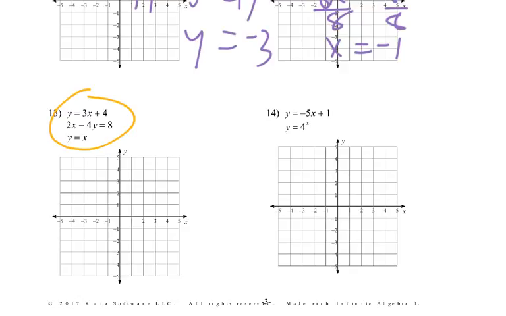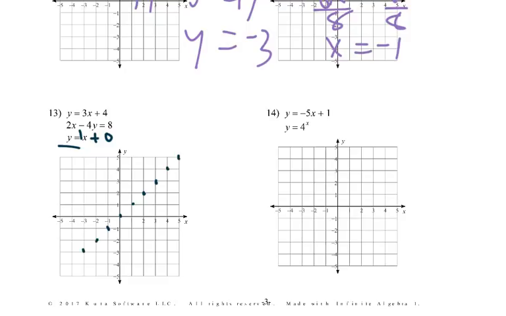There could be still no solution or many solutions if they're all the same. 14 is an exponential and a linear, so the same rules don't always apply. So 13, if I'm dealing with 3, I'm going to probably graph them. Okay, so y equals x, so plus 0 for the y-intercept, slope of x, so we go up 1 and over 1.